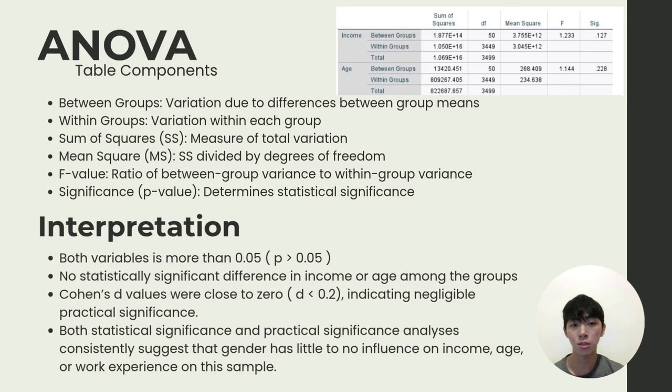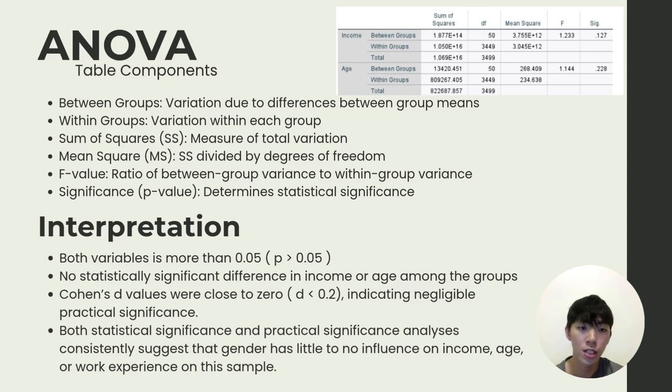Now I'm going to talk about the ANOVA table components and also the interpretations. The first is between groups, which is the variation due to the differences between group means. Second, within groups, which is the variation within each group. The third is sum of squares, a measure of total variation.